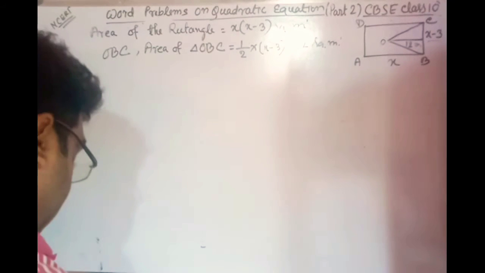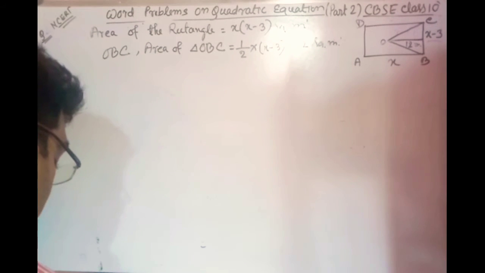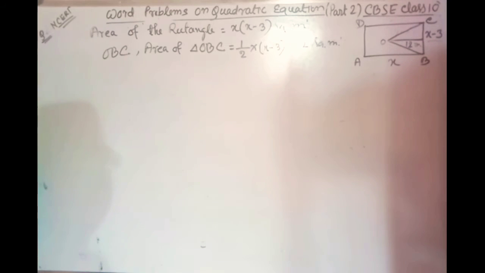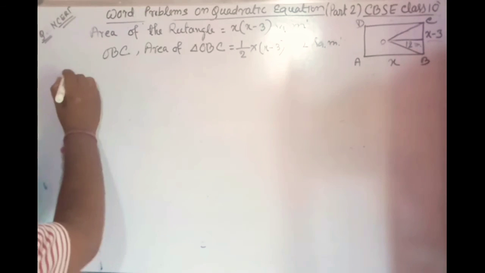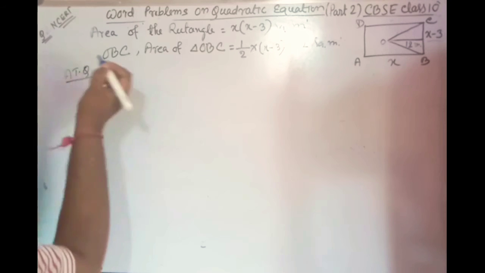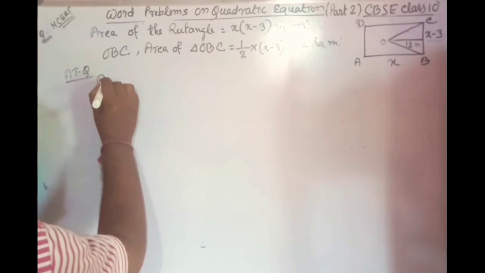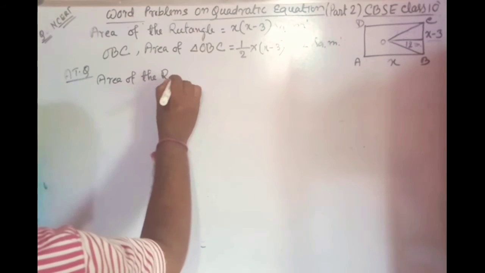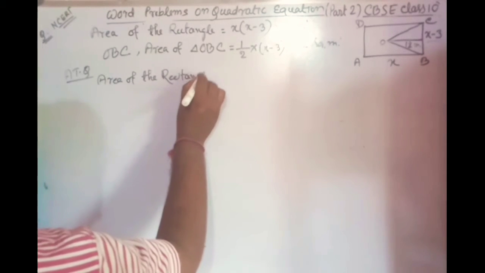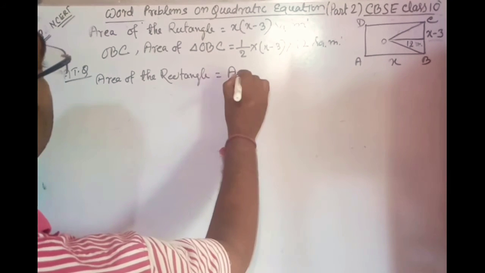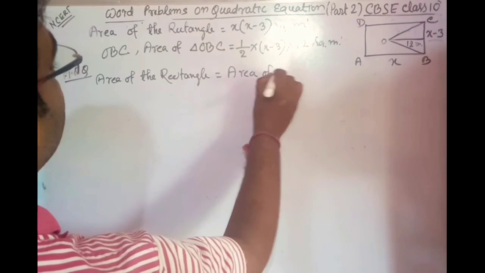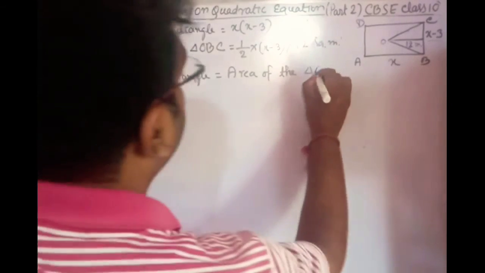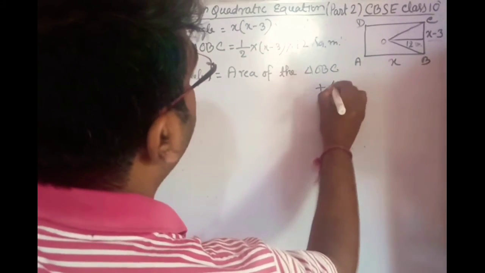Now it is told that it will be 4 square meters more than the area of the park already made. So according to the question, I am writing that the area of the rectangle is equal to the area of triangle OBC plus 4.